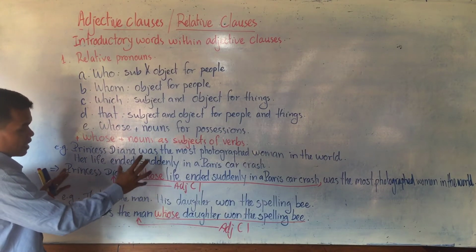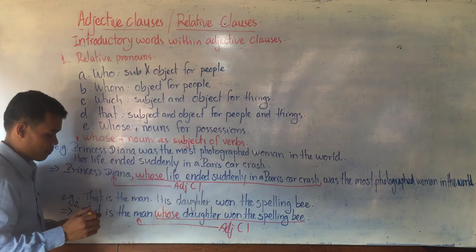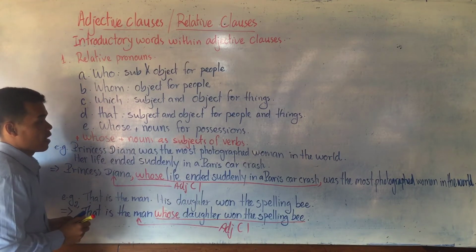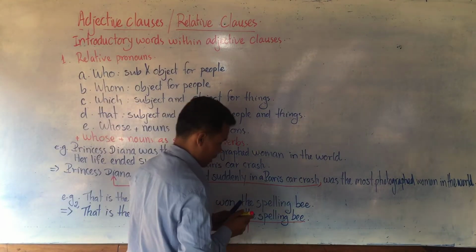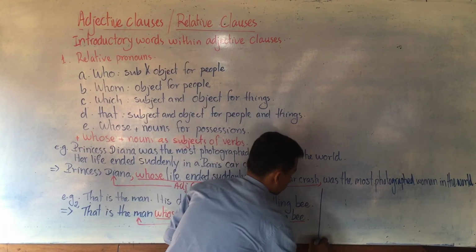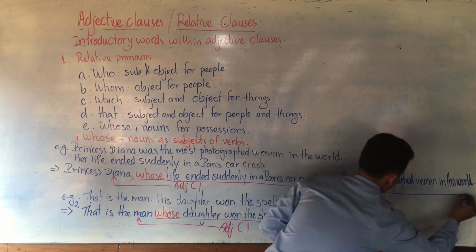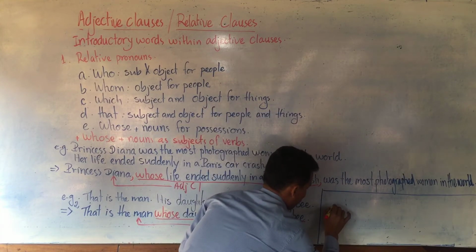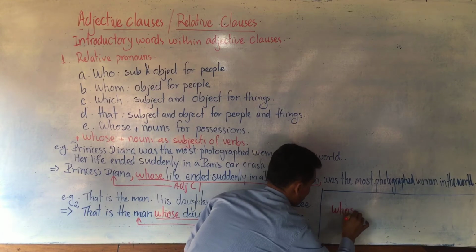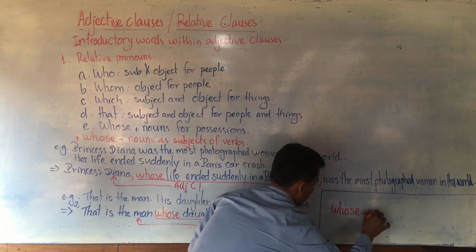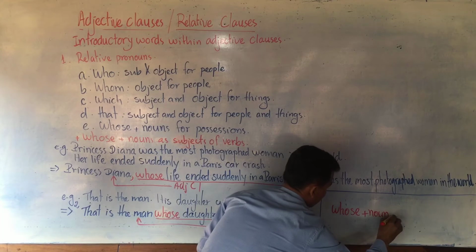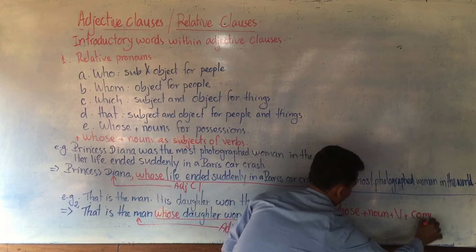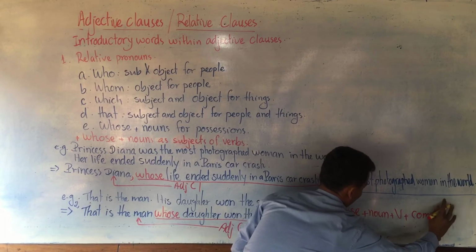After seeing these two examples, we can make a formula. When whose plus noun is the subject of a verb, its formula is whose plus noun plus verb plus complement.